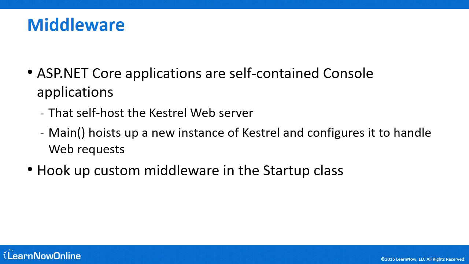Now, the Startup class is where you can hook up custom middleware that's added to the ASP.NET pipeline. Middleware is essentially what we thought of as HTTP handlers and HTTP modules in classic ASP.NET. It's the stuff that makes things happen in an ASP.NET Core web application. And here in this Startup class is where you have a ton of options and flexibility for how you hoist up your web application.